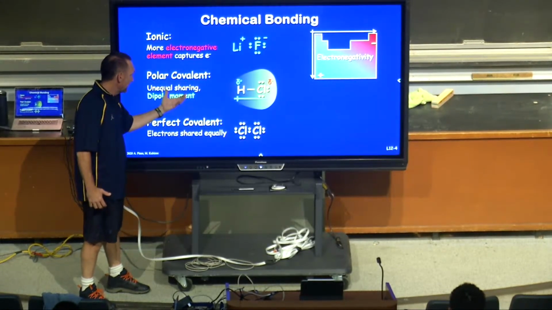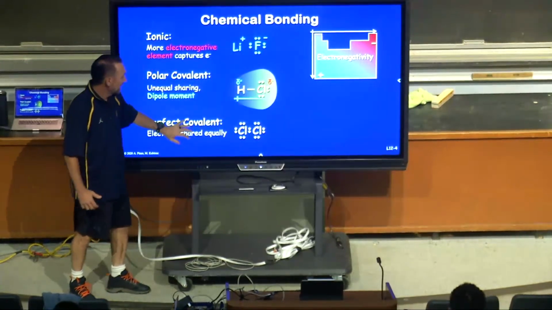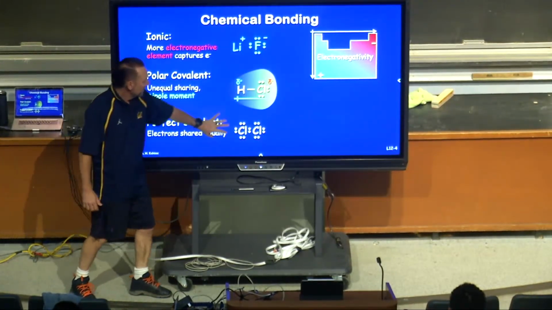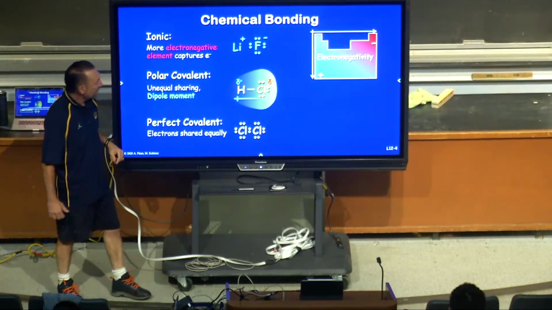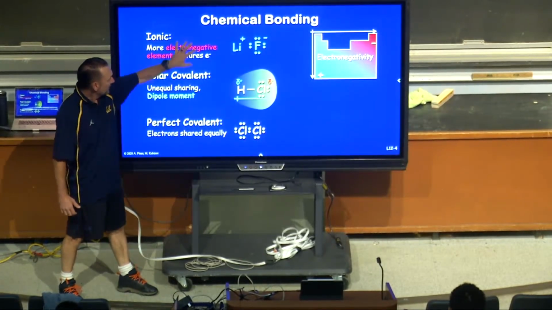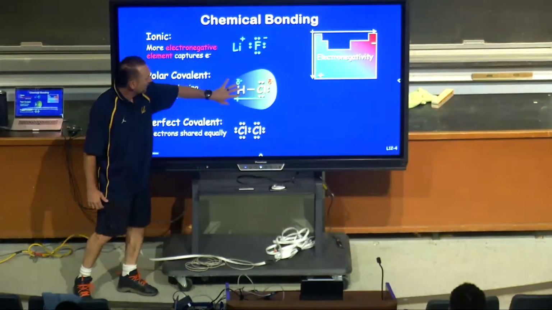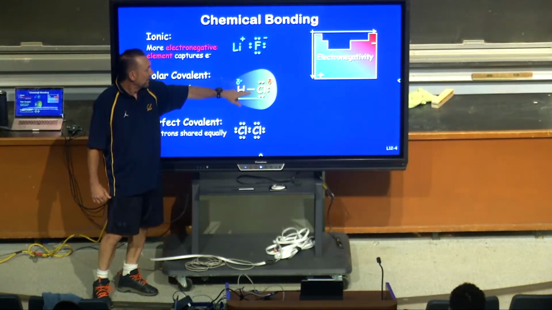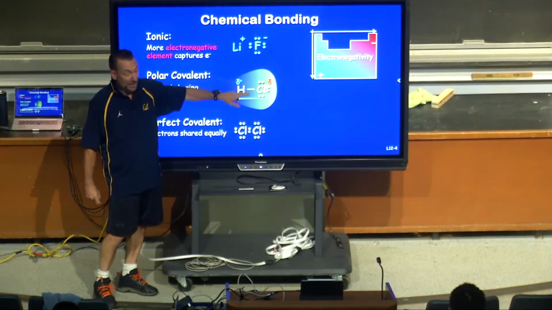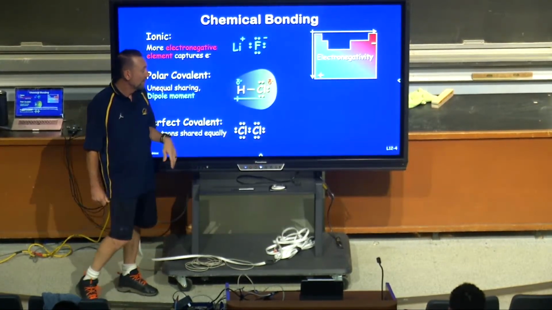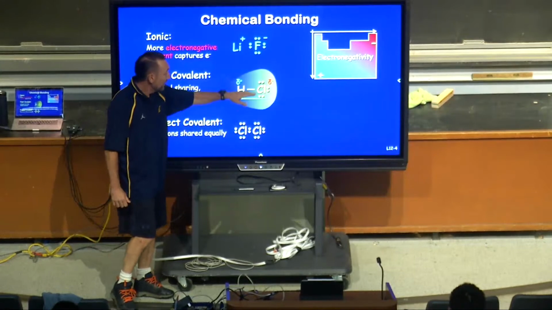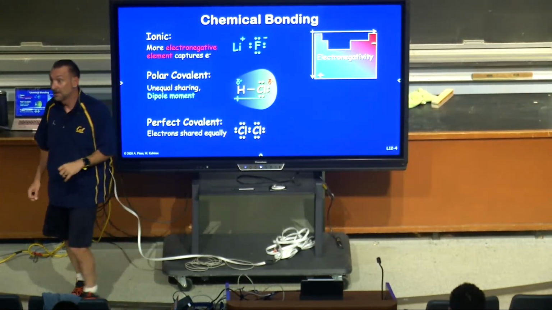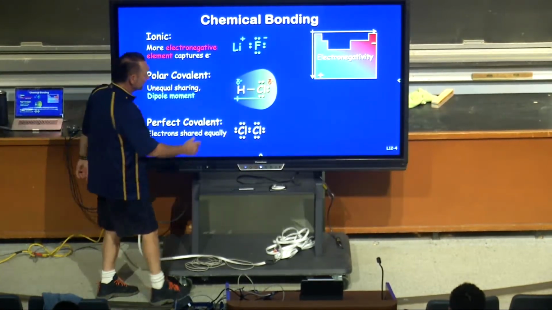Strongly interactive, then this intermediate case, and then the perfect covalent case. Still very strong interactions, all of them, but the ionic being the strongest interaction. And the most common we'll look at from here on out will be polar covalent bonds, and they occur whenever you have two unequally electronegative elements bonded together.